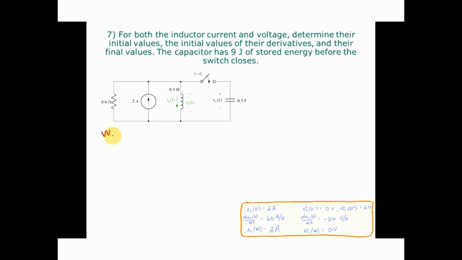WC equals 9 joules. And we know that that's CV squared over 2, right? That's the energy formula for the capacitor.